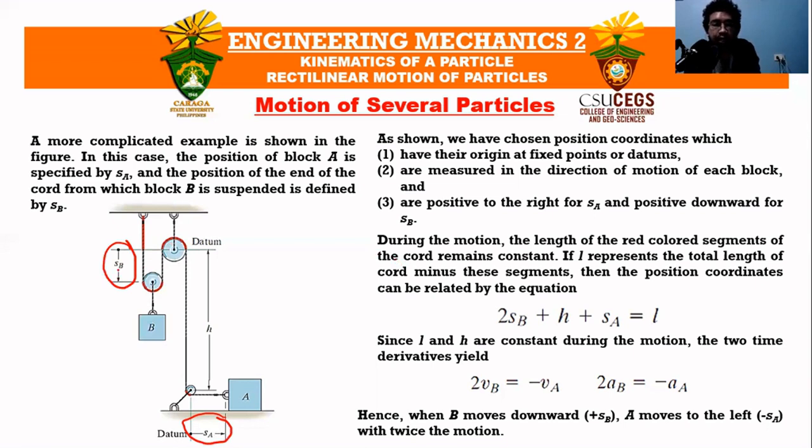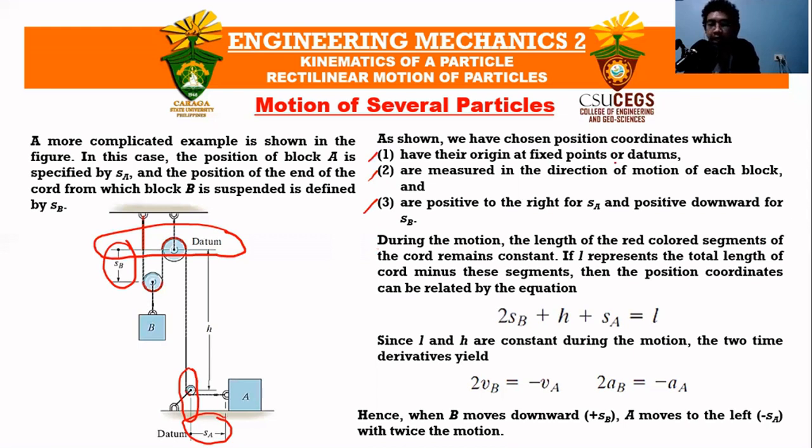For SB, its datum is above block B, and for block A, its fixed point is to the left of block A. Second, they are measured in the direction of motion of each block. And third, they are positive to the right for SA and positive downward for SB.